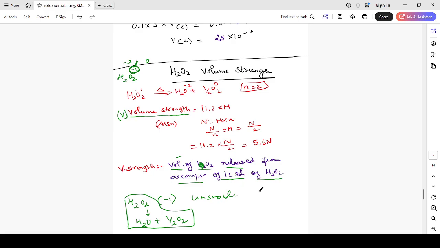So if someone says it is 2V hydrogen peroxide, what does this 2V indicate?